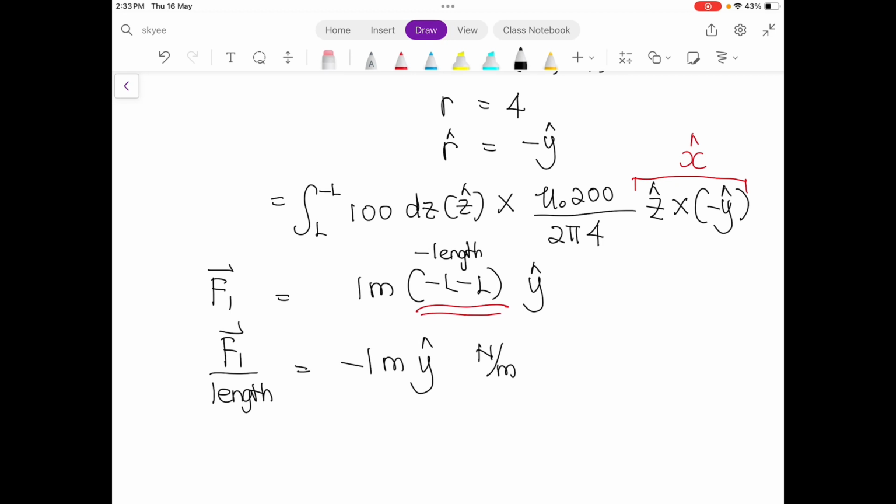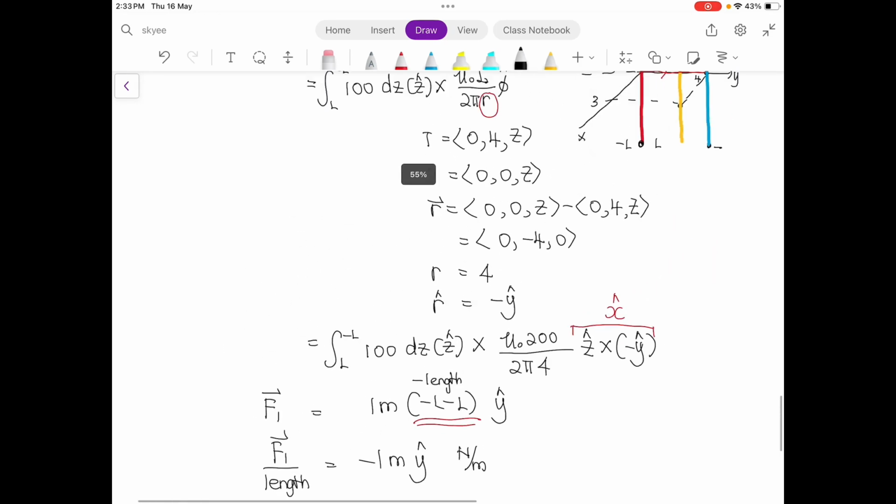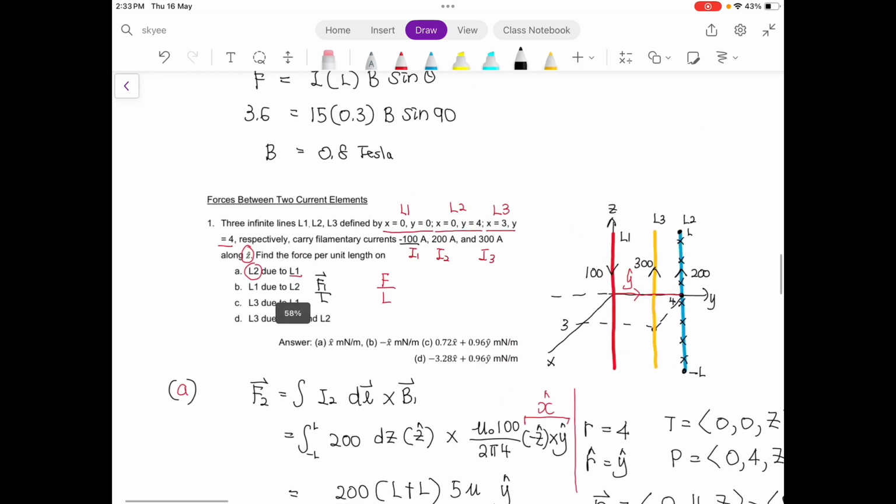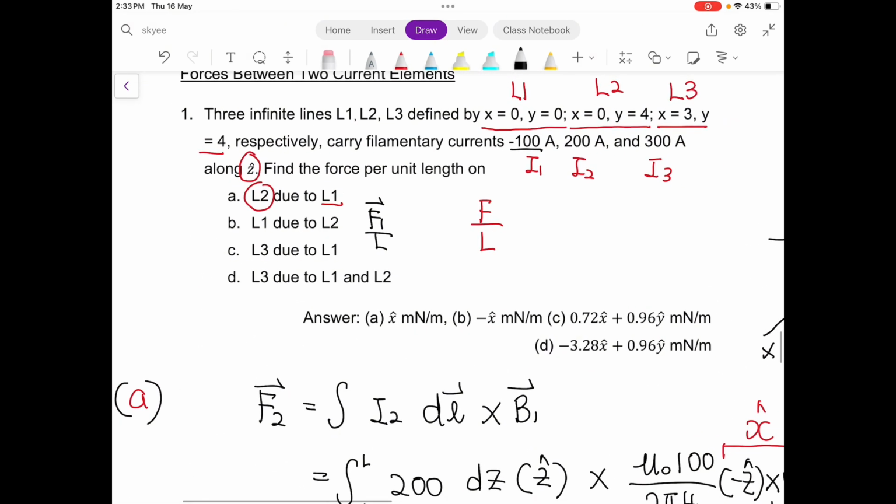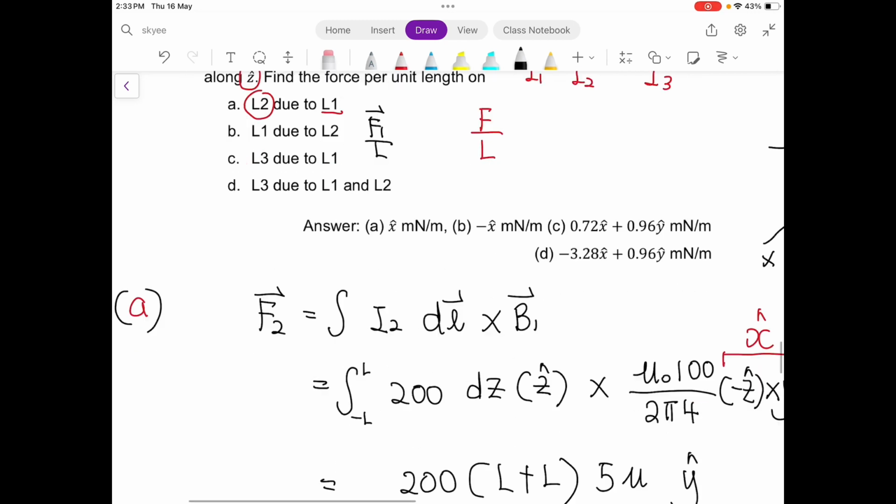Now we go to the next one, question C. Find the force on L3 due to L1.